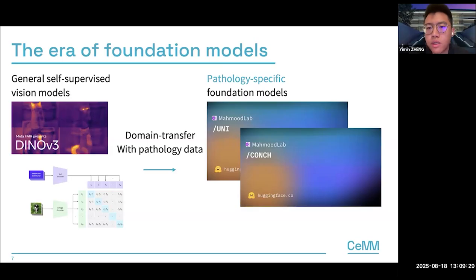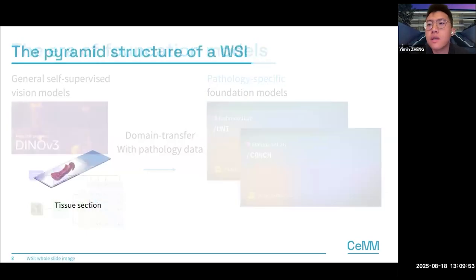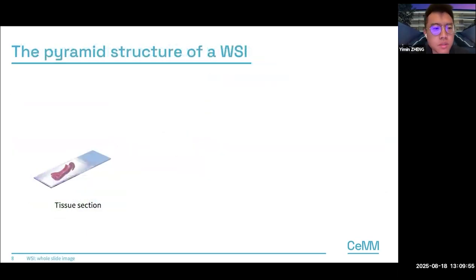For example, the Mahmood Lab from Harvard developed different kinds of foundation models, such as UNI, which is a vision foundation model, and CONCH, which allows you to use both text and images to conduct analysis. With all these tools in mind, we can actually do many things with these histology images.